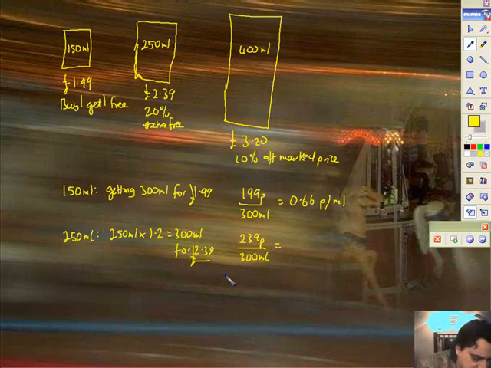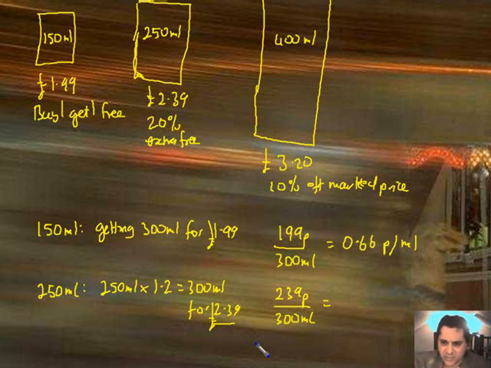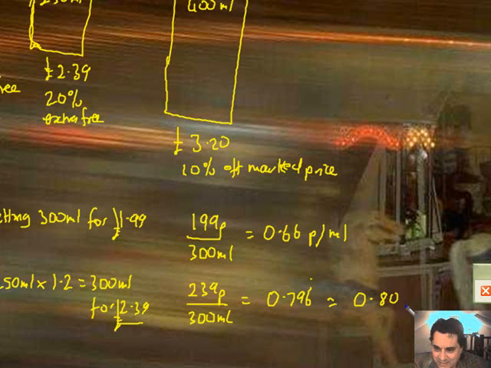Part of the problem is not all the buttons are brilliant. This is what I get here: 0.796 recurring, in other words about 0.80 pence per milliliter. Already, the middle size, the 250ml bottle, is costing me more than the little one, which is very surprising.